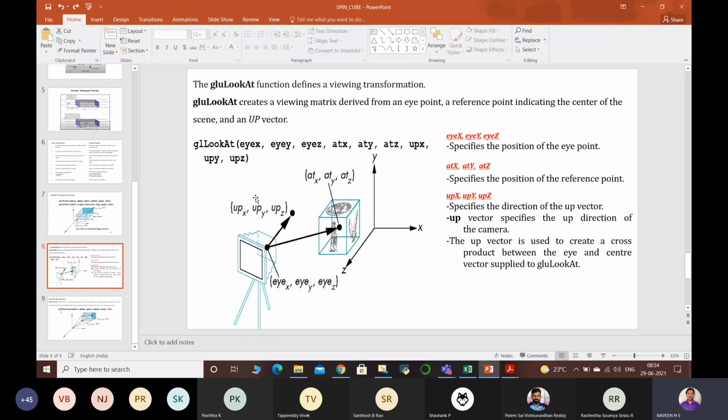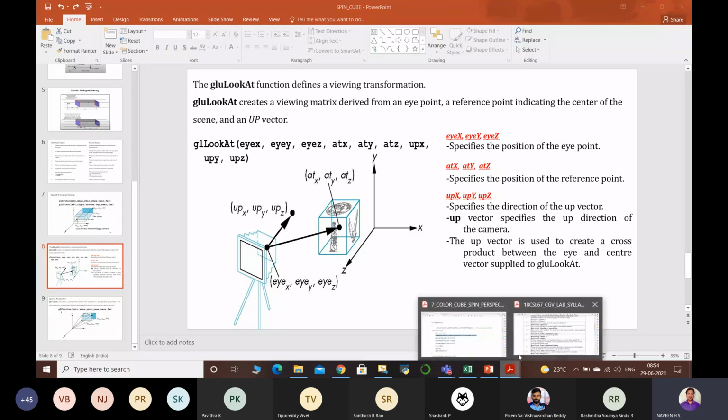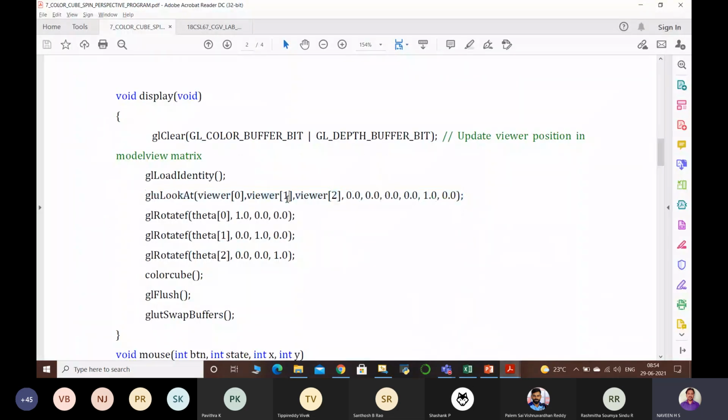So it is the cross product of these two, and that is about your up vector. This is how we consider the three sets of parameters in the gluLookAt function for perspective viewing. That is about gluLookAt and the corresponding values we pass here: viewer 0, viewer 1, viewer 2 and the values. A few values will be 0 and a few will be 1.